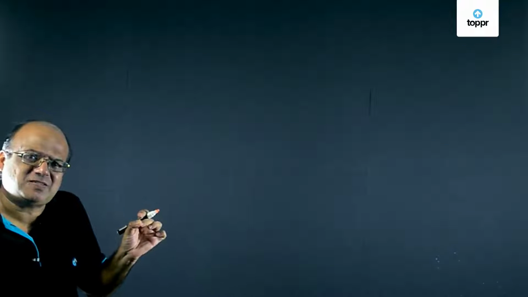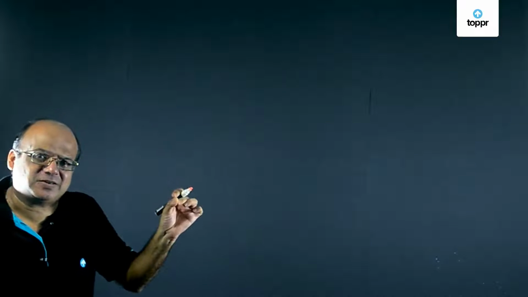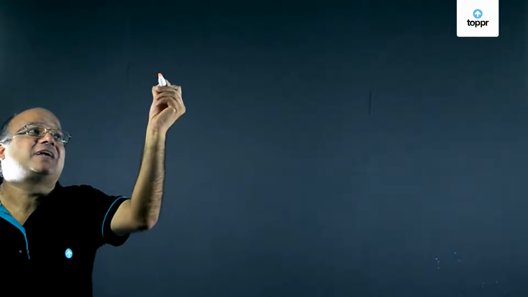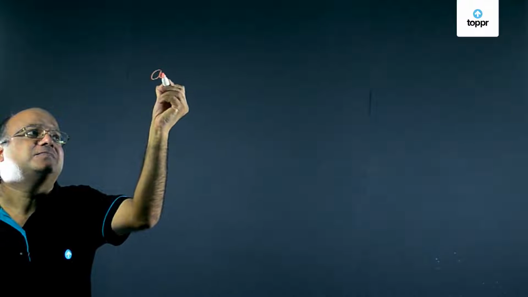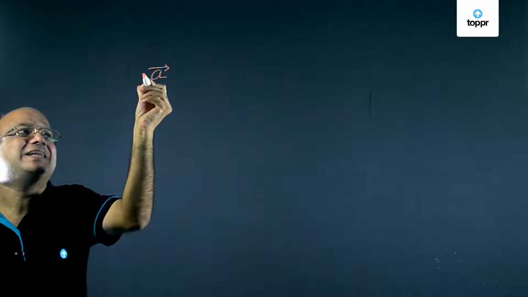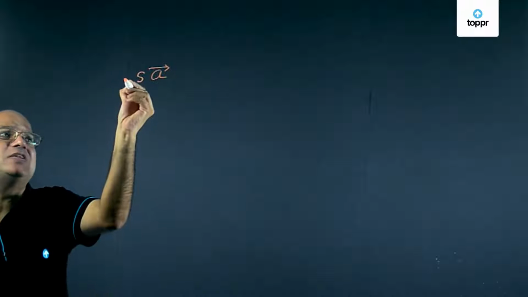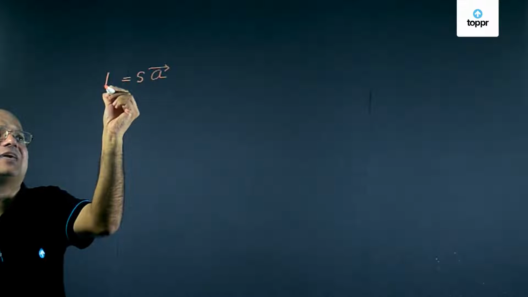Now we learn multiplication. Multiplication is of three types. First is multiplication of a vector by a scalar. Suppose we multiply a vector A by a scalar S. Then we will get a new vector B, say.